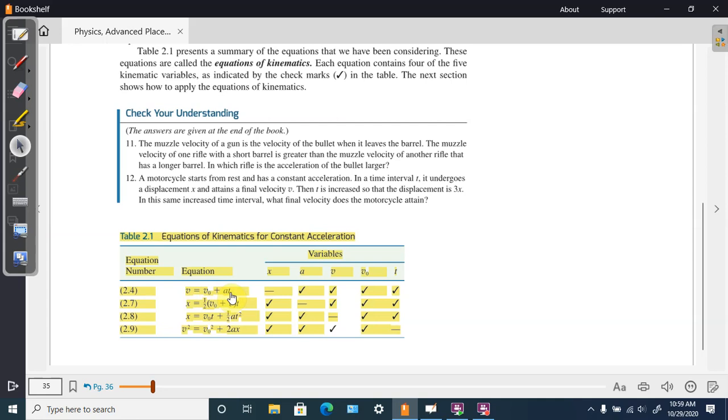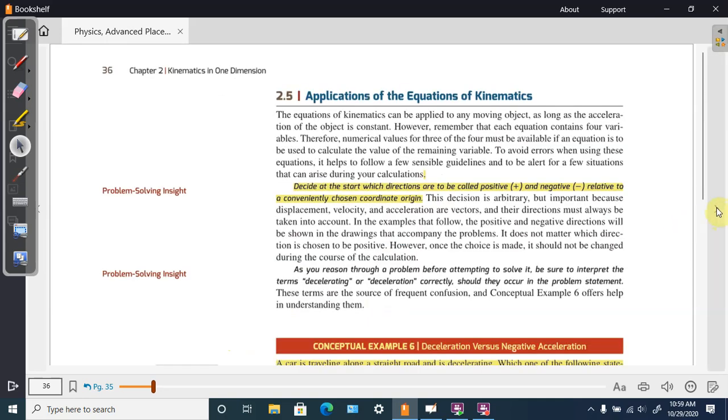So any of these formulas that have time in them are unusable, because time is not given. Therefore, the only formula that I can use is this very last one, v squared equals v sub 0 squared plus 2ax. Okay, let's go ahead and use that. And that's what the book's going to use as well.